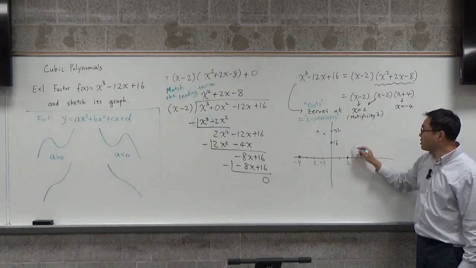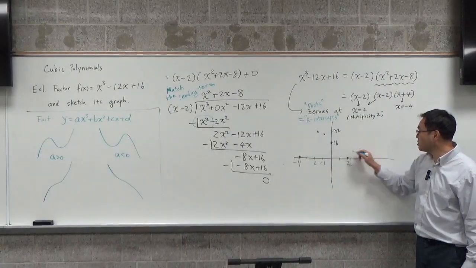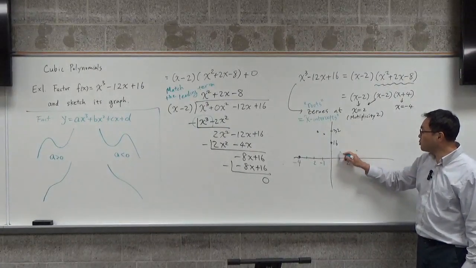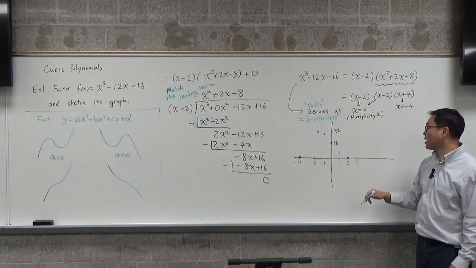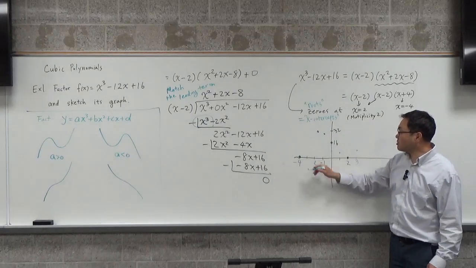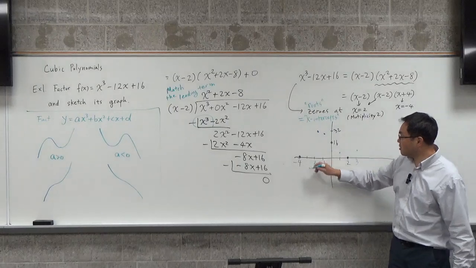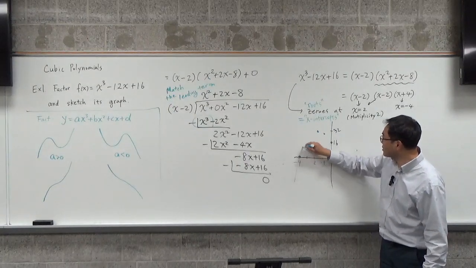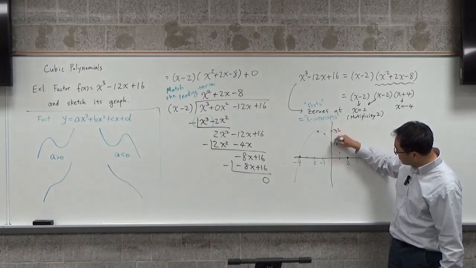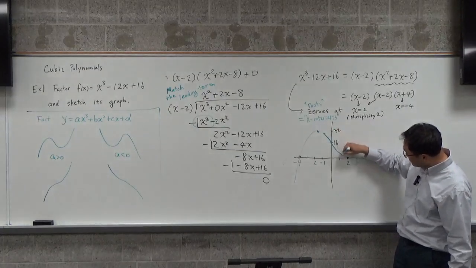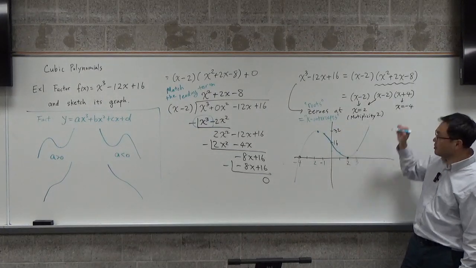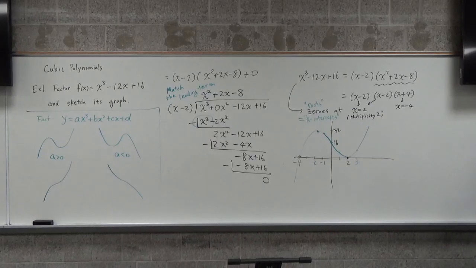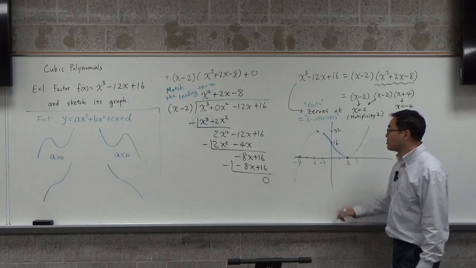So at 3, you get something like 7, something here. At 1, we have something slightly smaller, as 5. So once you have this, now you can connect these and say it's probably something like that, right? That seems to be the graph. Okay, so that's the graph of this function.